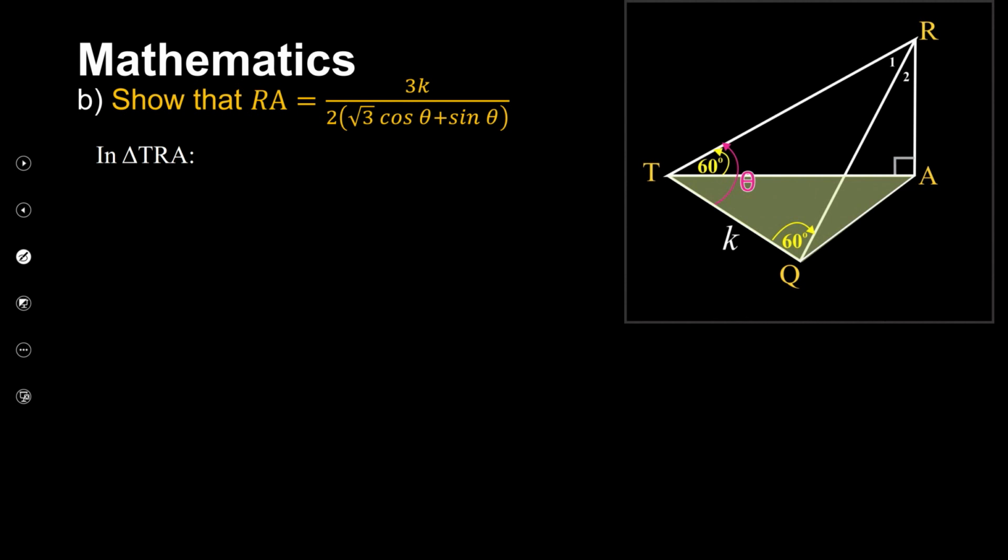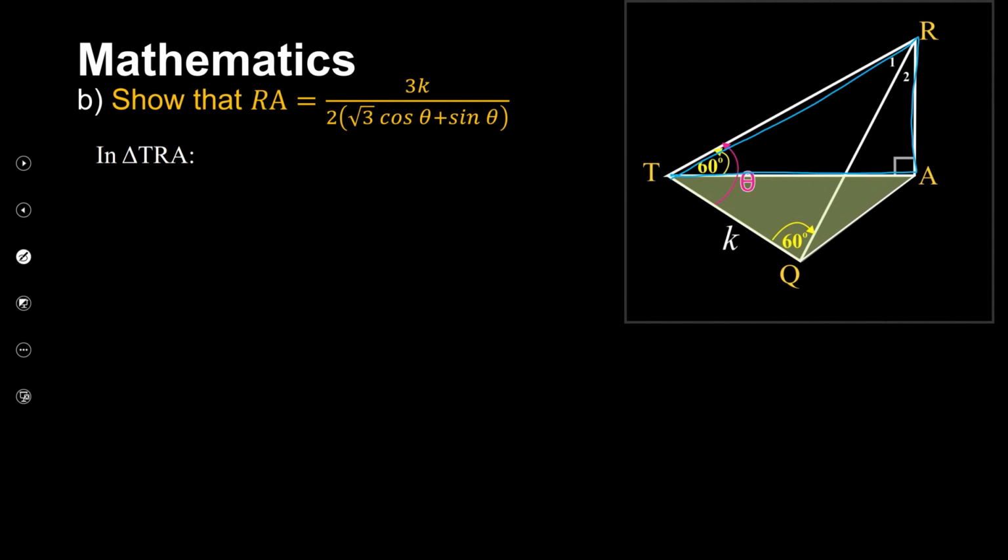Okay, the next part of the question asked us to show that RA is equal to 3k over 2 times root 3 cos theta plus sine of theta. So we're going back to our right-angled triangle TRA, which means we're talking about this angle here, this triangle here.